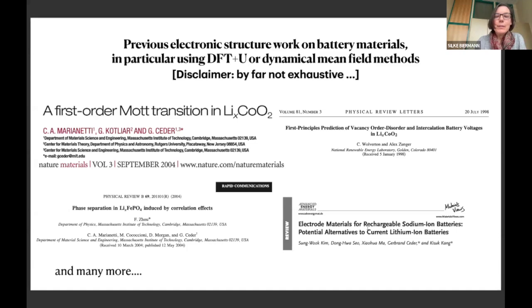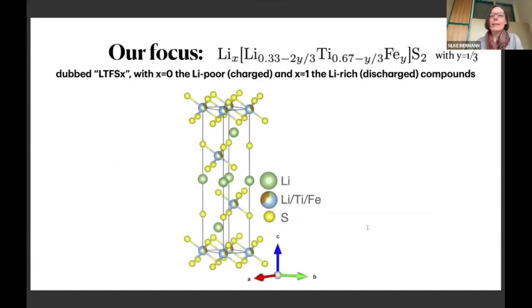My poor excuse is that I will not go to the lithium cobaltates nor to the lithium iron phosphates, but to one that I think you have not worked on, namely Li_{1.33-2y/3} Ti_{2/3-y/3} Fe_y S_2, with y determining the iron content of 1/3.